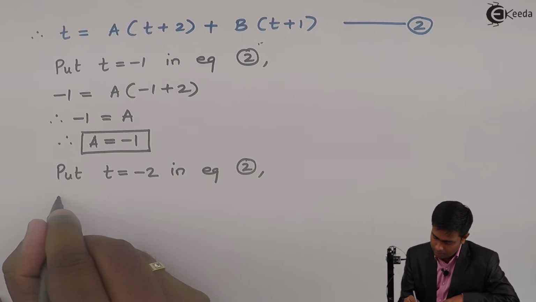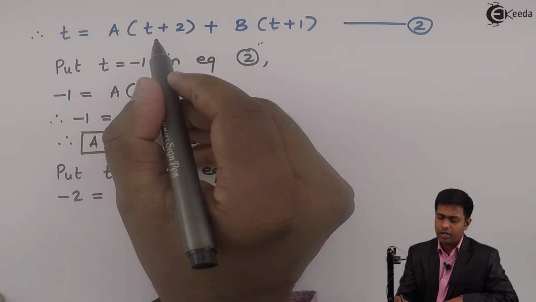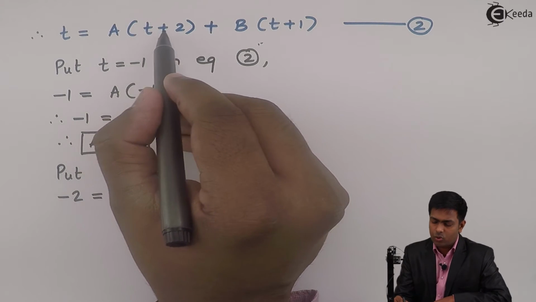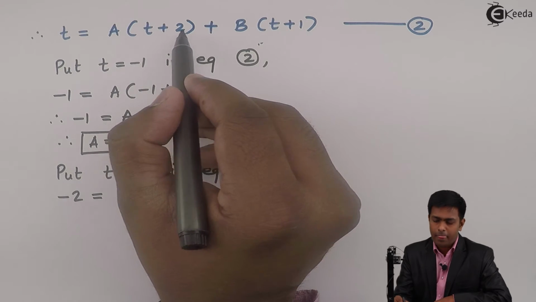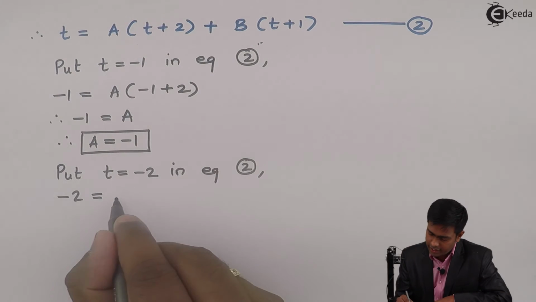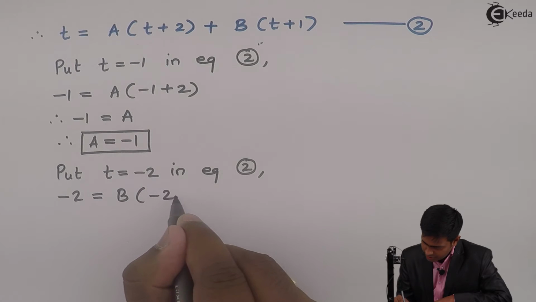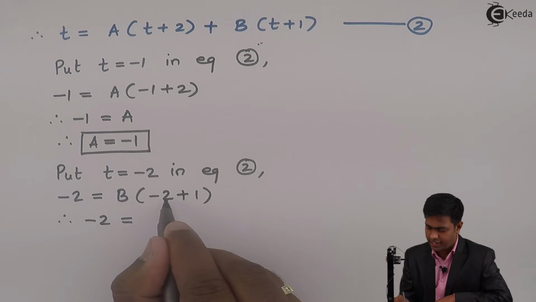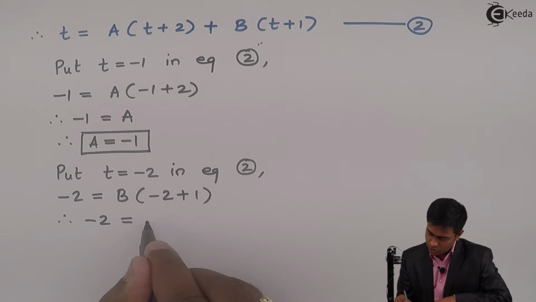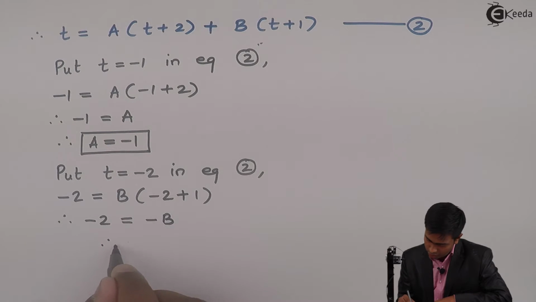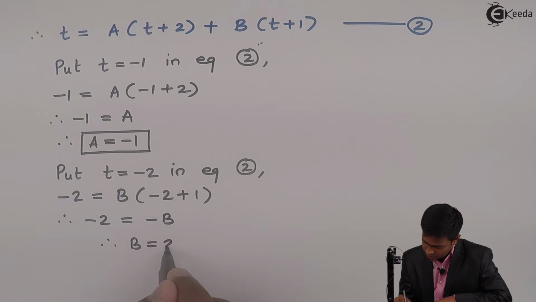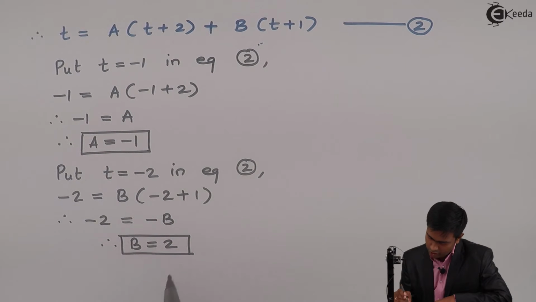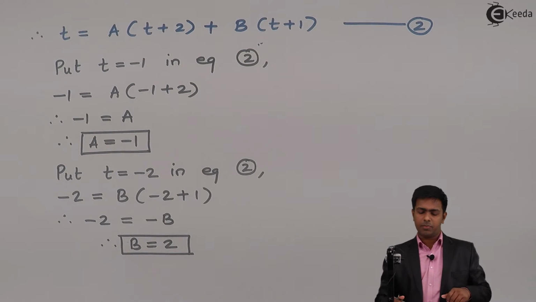We get minus 2 equal to, now see here, minus 2 plus 2 is 0, so the first term is 0. Here we get b into minus 2 plus 1. So minus 2 is equal to b into minus 1, that is minus b, so b is equal to 2. So we got the value of b as 2 and a as minus 1.